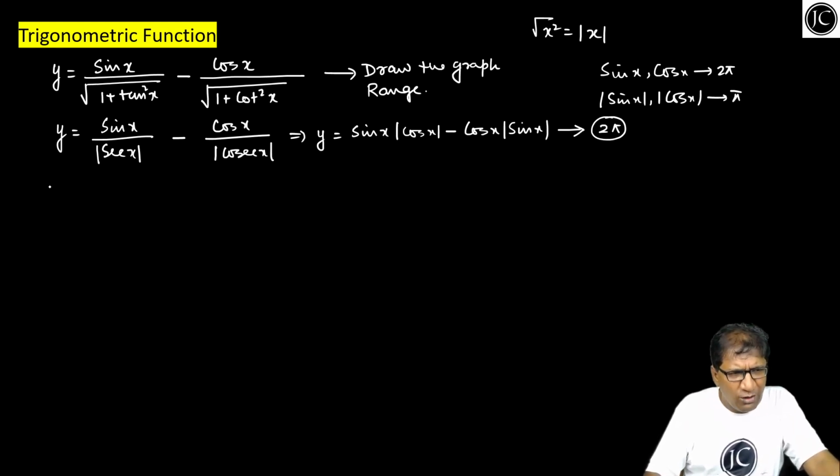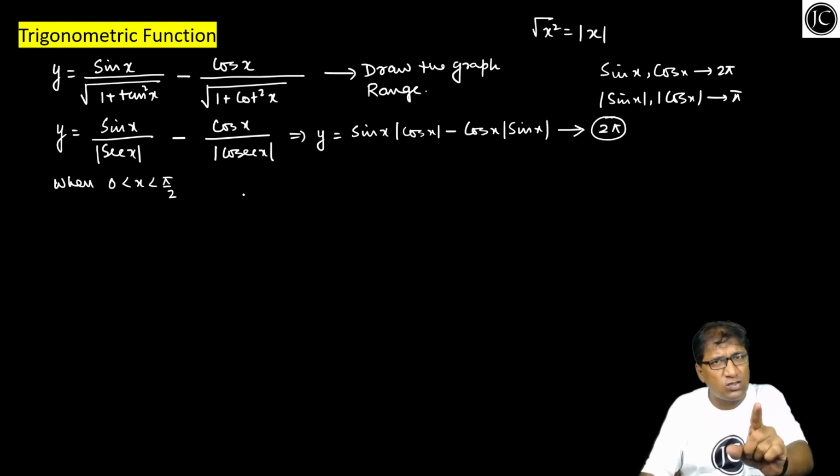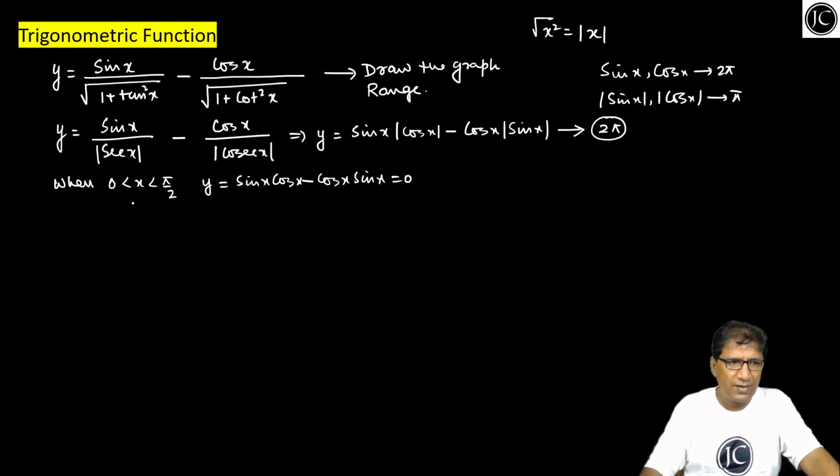Okay, bachchon dekho, when x is in the first quadrant, that is x is lying between 0 and pi by 2. In the first quadrant, all are positive. Therefore, your y is assigning the value sin x cos x minus cos x sin x, which is nothing but 0. Clear?